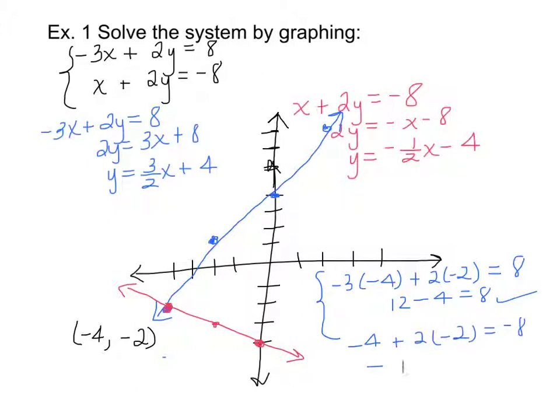So we got -4 minus 4, that equals -8. So that one's true. So this is an example of a consistent independent solution. Okay, and make sure you label the point where it intersected.